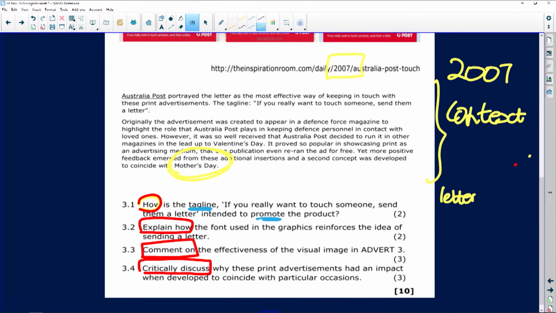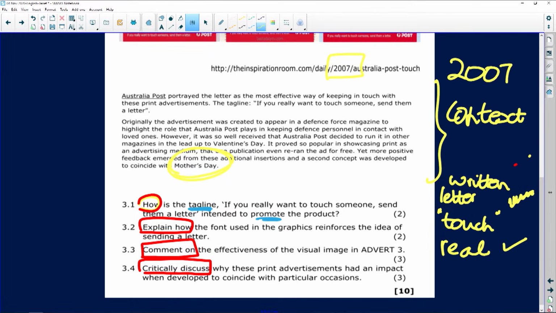Once again, FAL students, if you say the advert is promoting written letters, expect 1 mark out of the 2. And then the second mark goes for, well, how does it do it? It suggests that touch, real communication, happens if you write something. There's the second mark. Home language students, I wouldn't expect this mark.